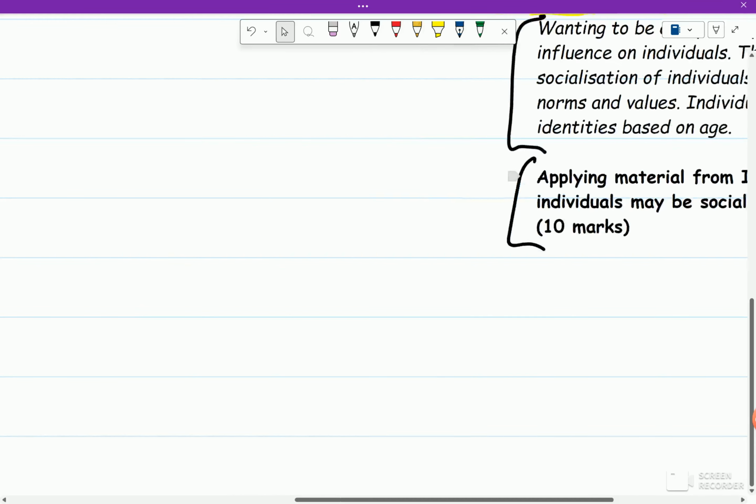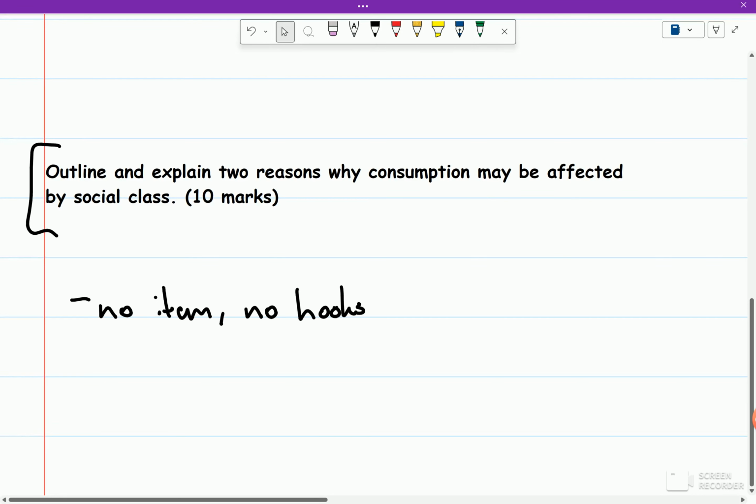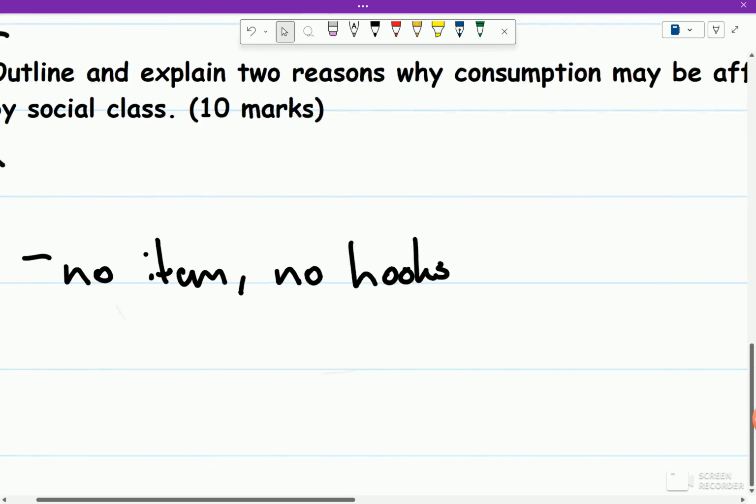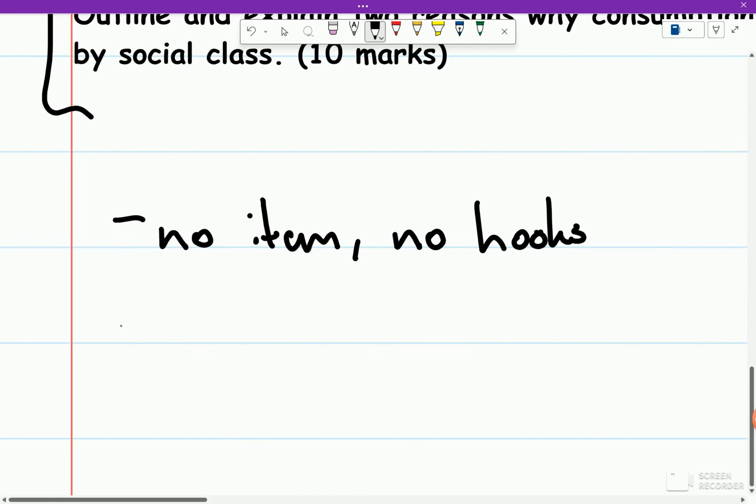So what does this mean in terms of answering this outline and explain question? Well, because you don't have an item to reference, it requires you to have the knowledge to outline two specific reasons in this example, and to be able to explain each point separately, rather than relying on an item to help guide you in terms of what you might want to include. So there's less guidance.